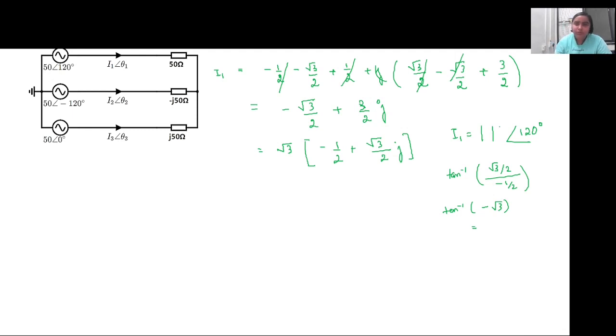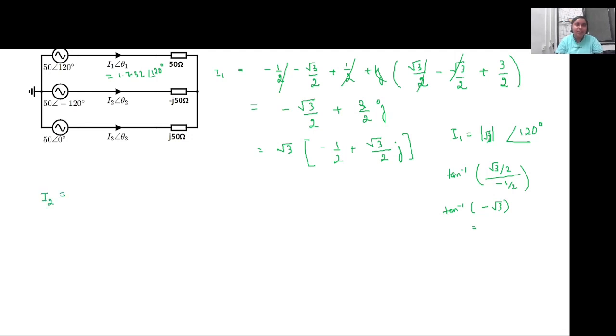Root 3. Exactly. So we have this is equal to root 3, which is 1.732, angle of 120 degree.